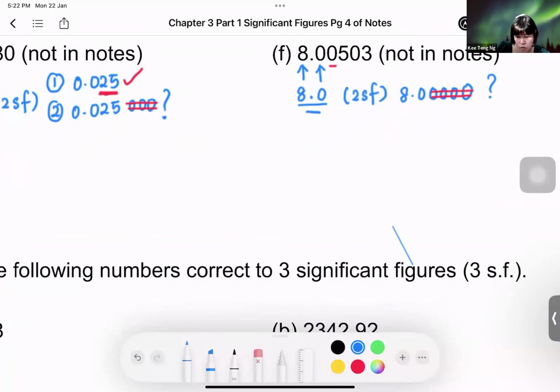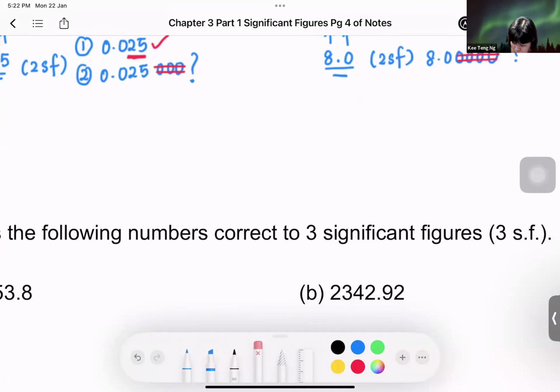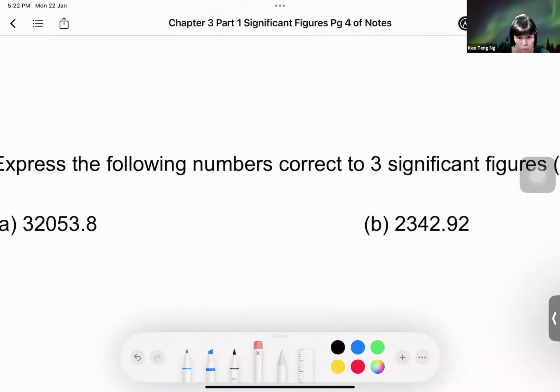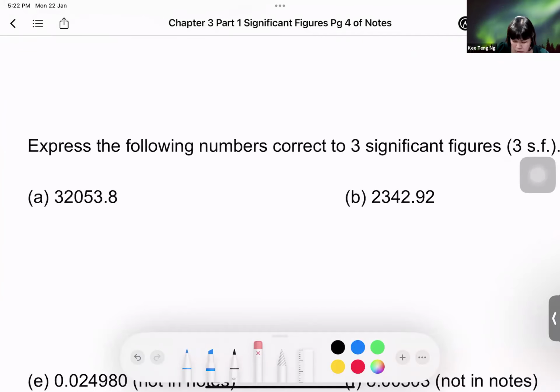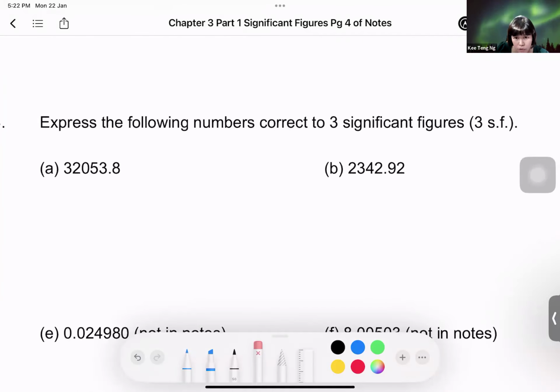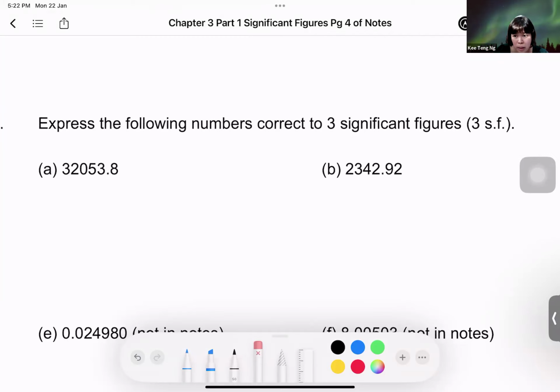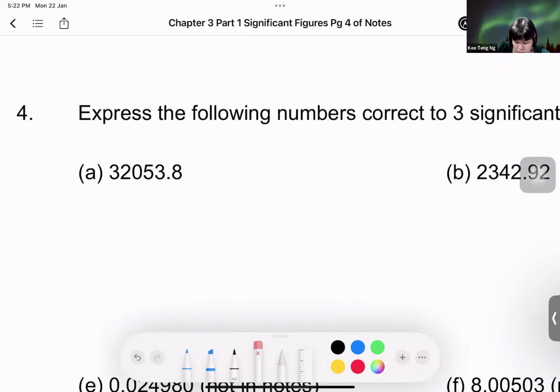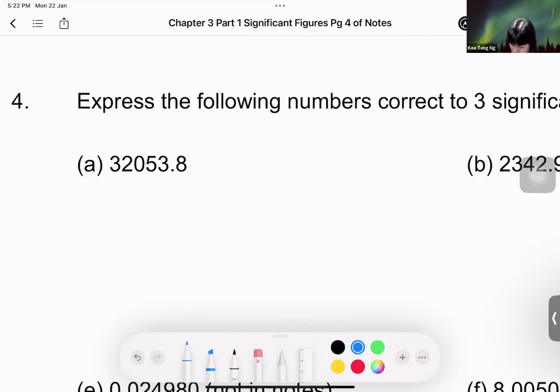Now we're going to move on to more significant figures. The most common type of question will be asking for three significant figures. Question number 4. Express the following numbers to three significant figures, 3SF. So let's look at our larger number first. We want the three significant figures. So look at our first non-zero digit.